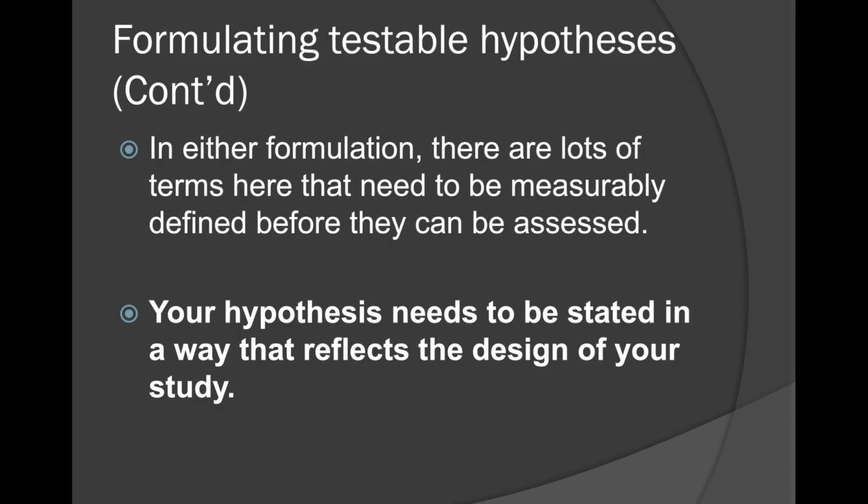So what you're going to test will certainly reflect the design of your study, how you're going to do it, what the methodology is, and that goes into chapter 3. But certainly they're going to work together.